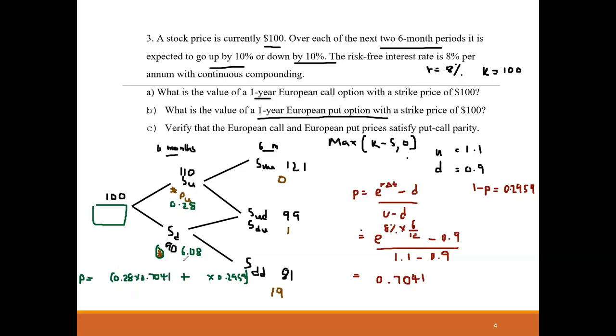And if it goes down, the value is 6.08, but the chance of it going down is 0.2959. So this is the expected value that you can expect after 6 months. So get the present value of that to find the value of the option today, e to the power minus 8% into 0.5. So calculate and tell me the answers. How much is the put price?